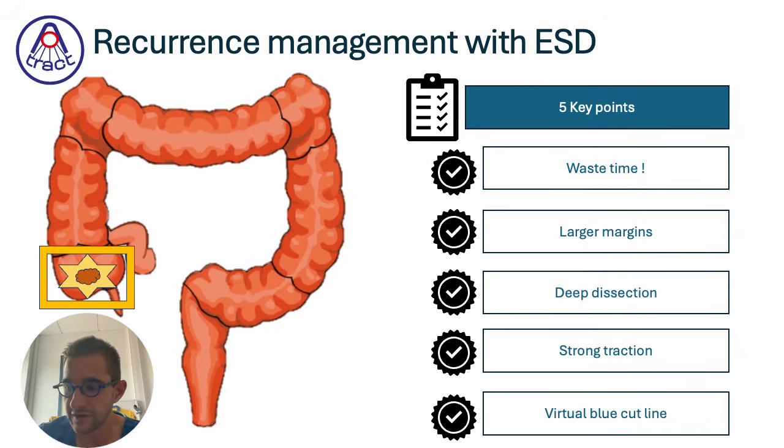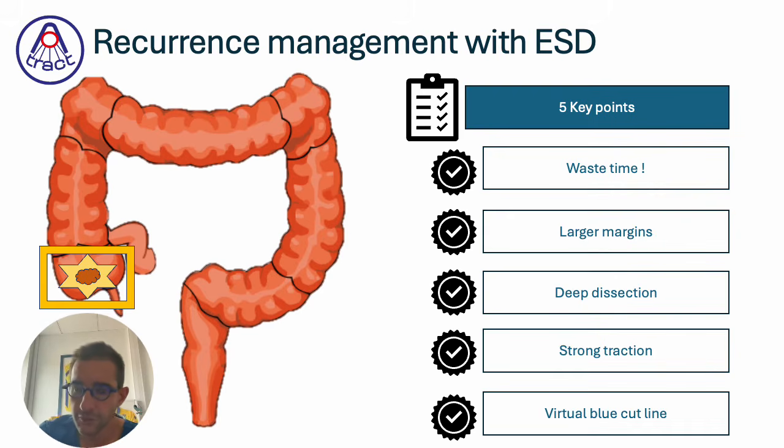So if you try to treat a residual neoplasia or recurrence in the 5 or 6 months that follow immediately the resection, it will be a nightmare, because the scarring process is not finished, the submucosa is not completely recreated, and sometimes you still have an ulcer that is quite impossible to dissect.